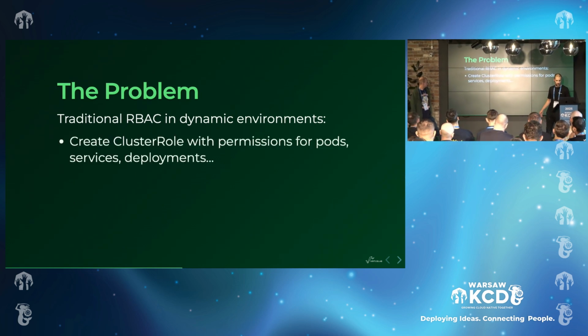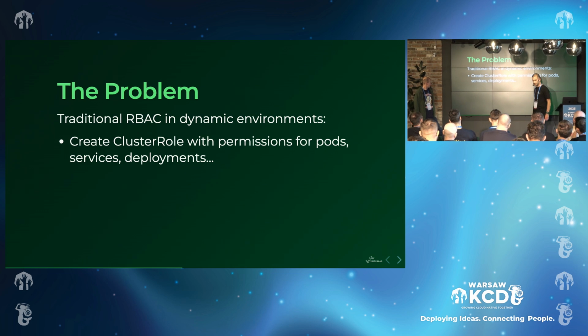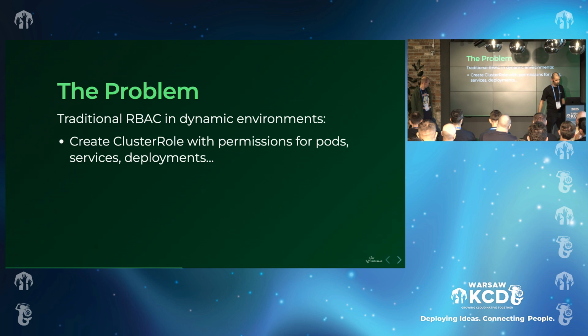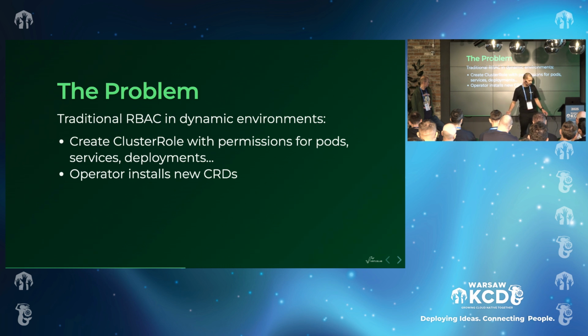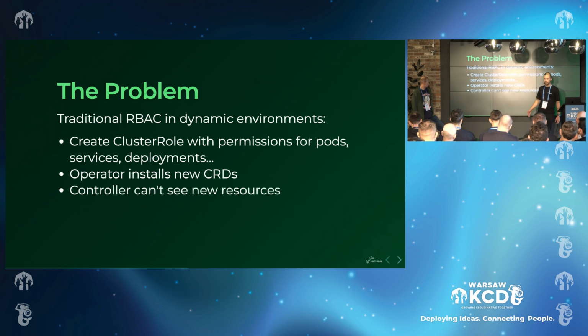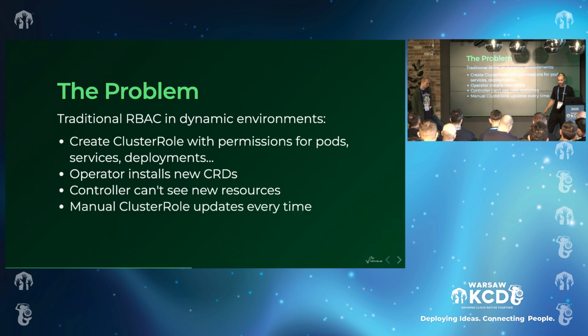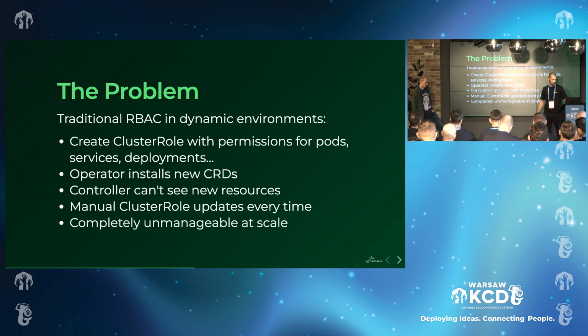The issue is that when you create the cluster role permissions for your operator, you add permissions for the pods, services, etc., the basic Kubernetes API. And the operator installs new CRDs, and your controller cannot see those new resources, cannot access them. So you have to manually add those roles, update it every time. And it's completely unmanageable at scale.